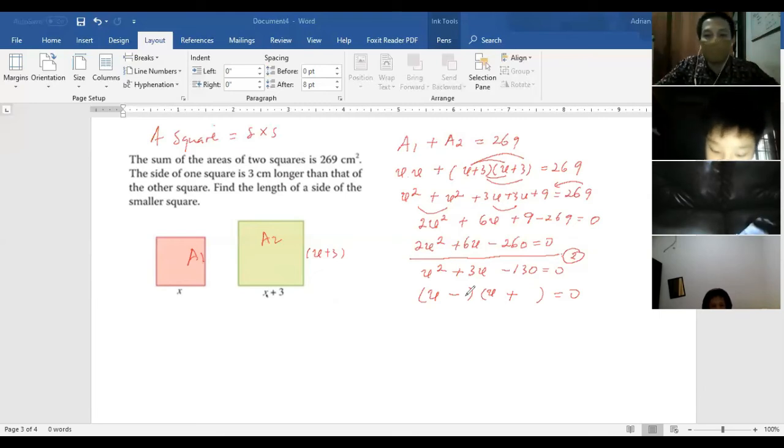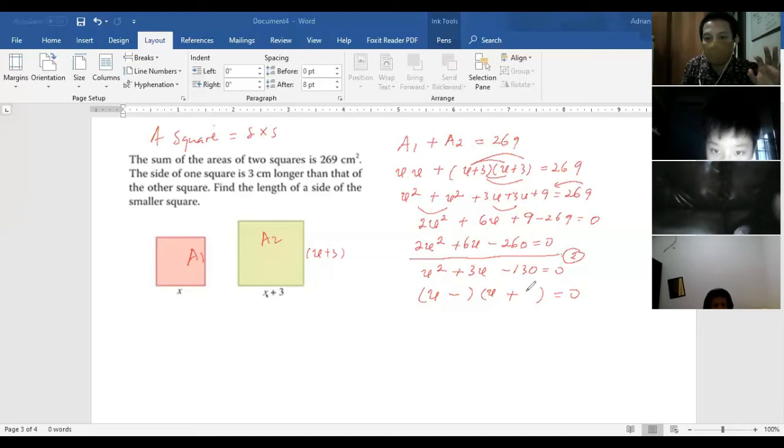To find both sum to 3. Please find or guess two numbers that sum up to positive 3, because this one is positive 3. Can you guess that? How many? Everyone?